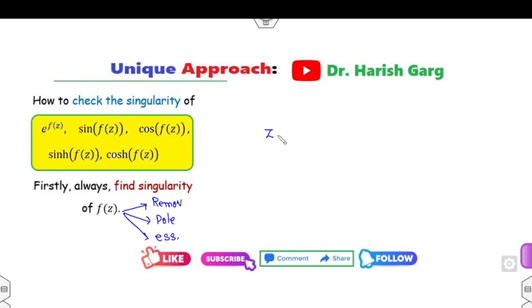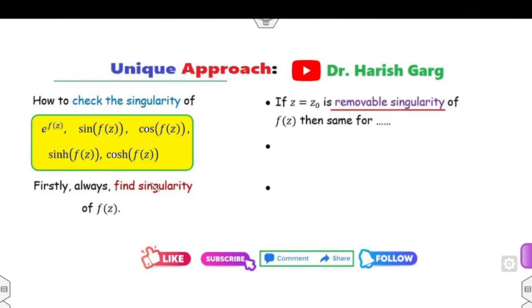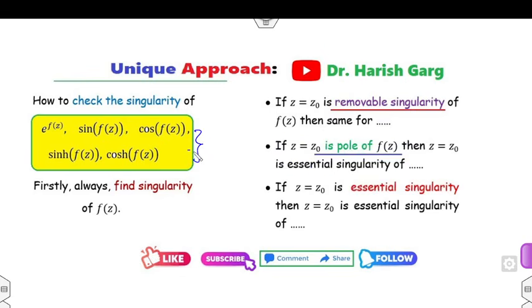So if I say the point z equal to z naught is a removable singularity of f(z), then this function also has the same removable singularity. On the other hand, if z equal to z naught is a pole singularity of f(z), then this implies z equal to z naught is an essential singularity of all these cases.